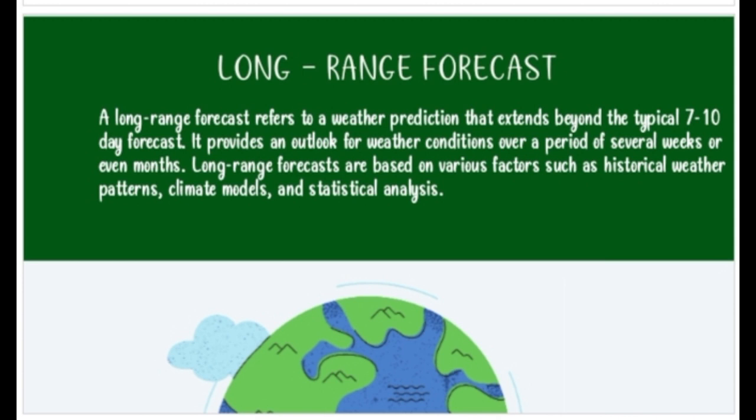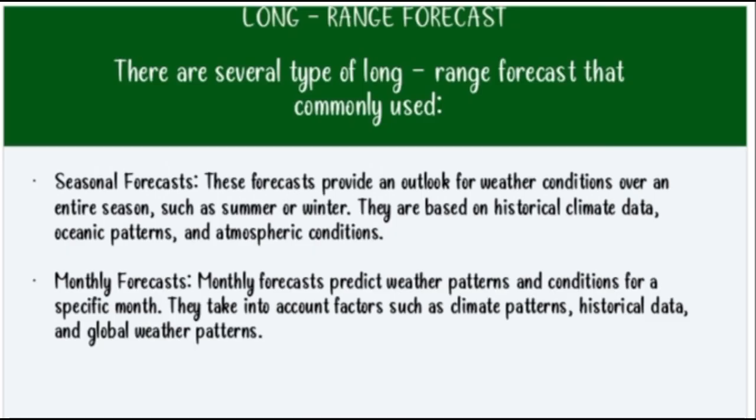However, it's important to note that the accuracy of long-range forecast decreases as the forecast period extends further into the future. So, there are several types of long-range forecast that are commonly used.